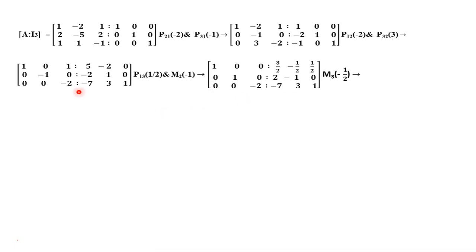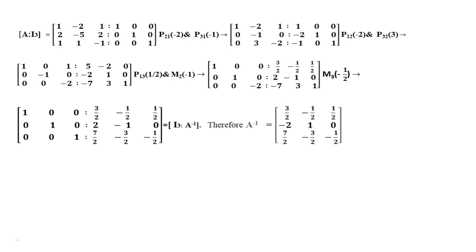Now finally, only the second column has changed to the second column of the identity matrix. Only here we need plus 1. So we perform the elementary row operation M3 of minus half, that is, multiply the third row by minus half so as to get the third element of the third row as 1.